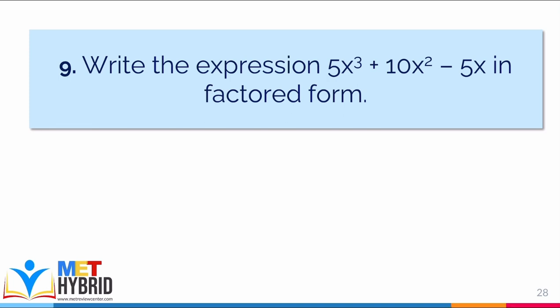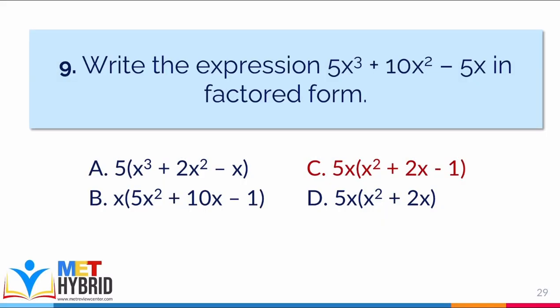Therefore, the factored form is 5x times x squared plus 2x minus 1. The answer therefore is letter C.